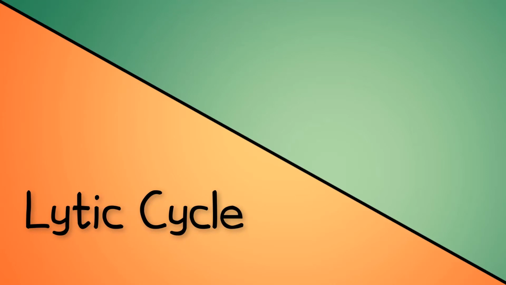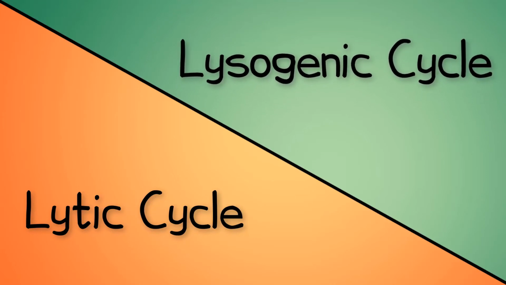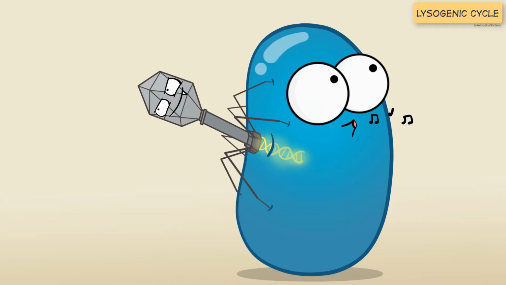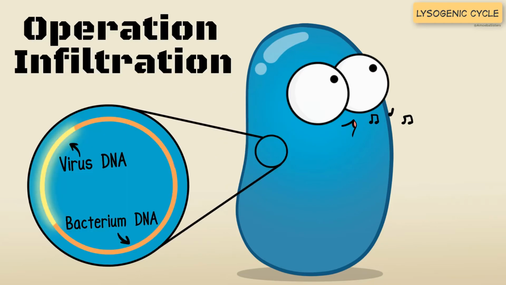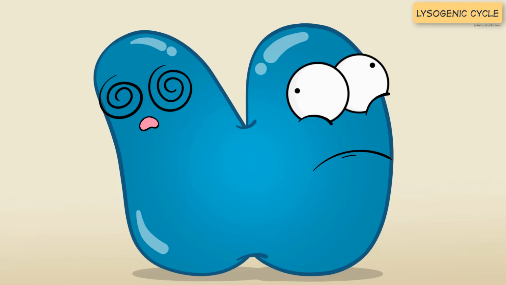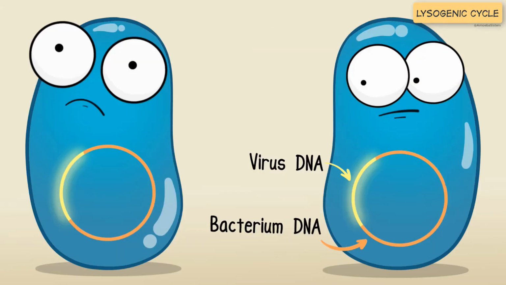The other cycle is called the lysogenic cycle, and I like to remember this is the longer word, so I like to think of this as the longer, sneaky cycle. Viruses that go through this cycle tend to do the same thing at the beginning. They inject their genetic material, but this time the genetic material stays hidden in the host genetic material. What happens is that when the host makes new cells, it replicates its own genetic material and the viral genetic material.